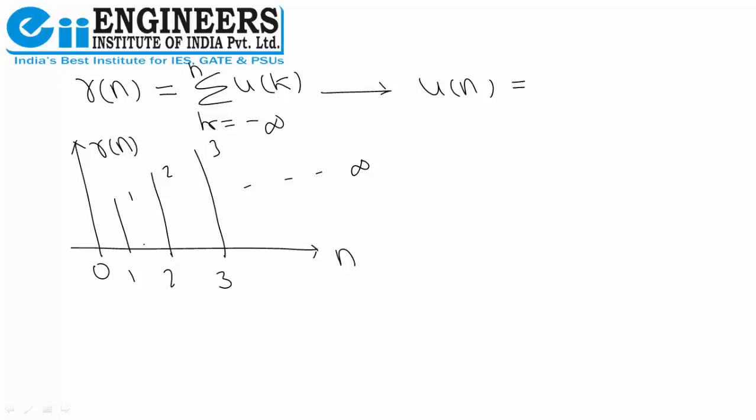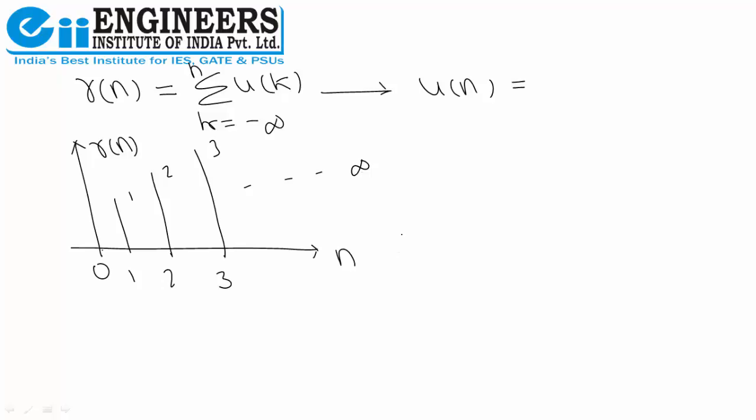So we need to maintain amplitude 1 at each and every value of time. So think, u[n] at n is equal to 0 there is a 1, but in r[n] at n is equal to 0 there is a 0.